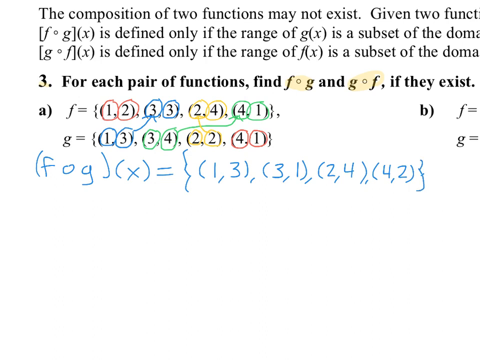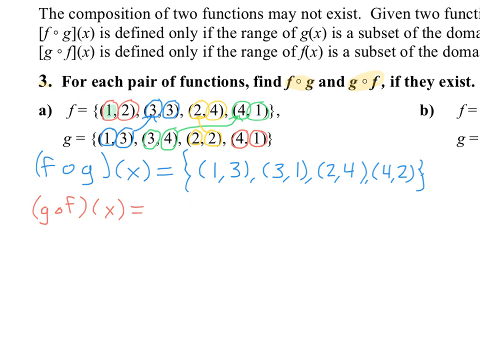All right, now we're going to find g compose f. So this is going to be backwards for g compose f of x. Start with the coordinates in f. So I'll use my highlighter.